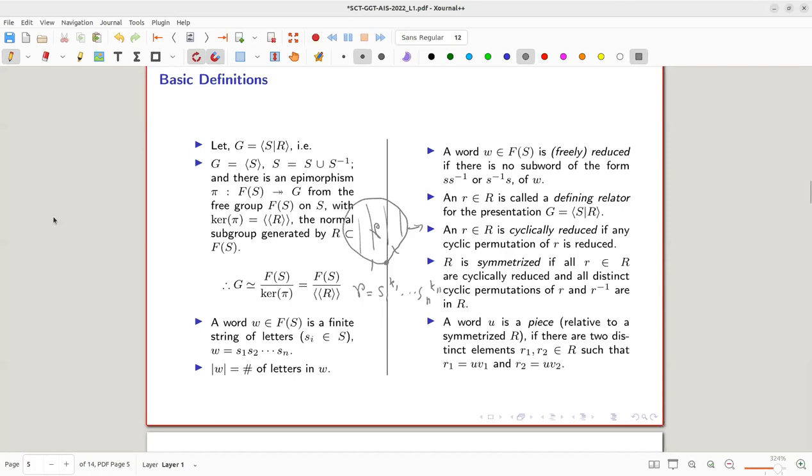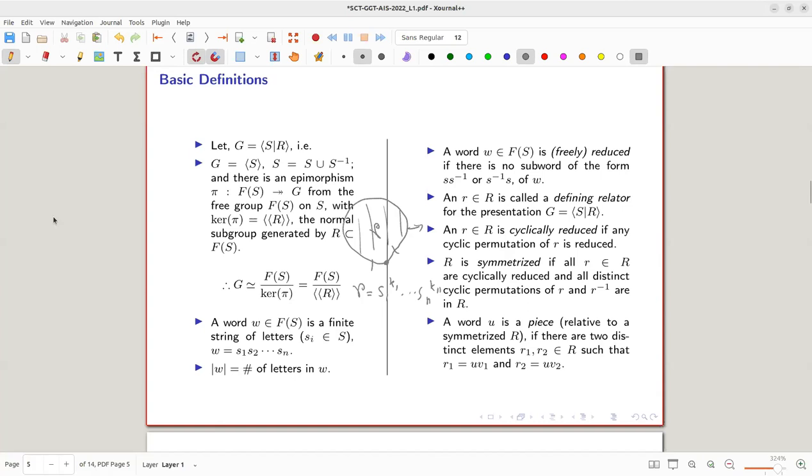So we essentially assume our collection R to be a collection of cyclically reduced words. R is called symmetrized if all elements in R are cyclically reduced and all distinct cyclic permutations of R and R inverse are present in capital R. So the capital R, which is the collection of relators, is just like a symmetric generating set, where we consider the inverse letters for all our generating letters.